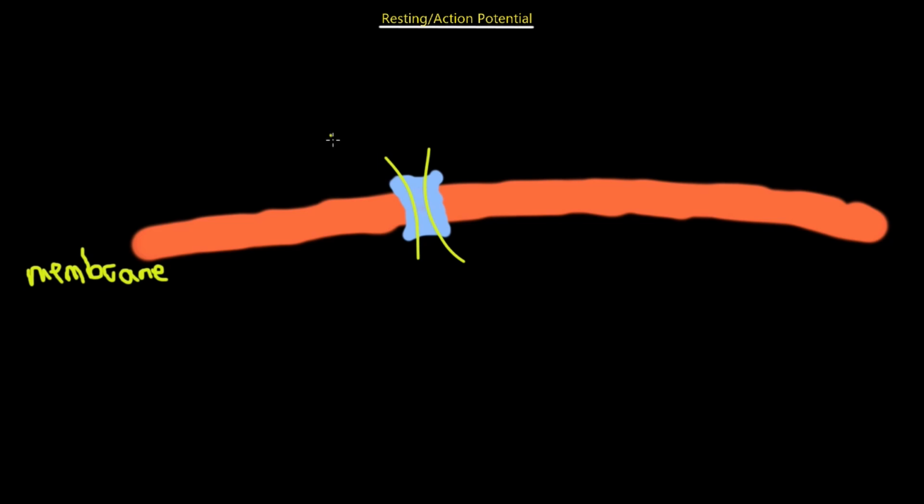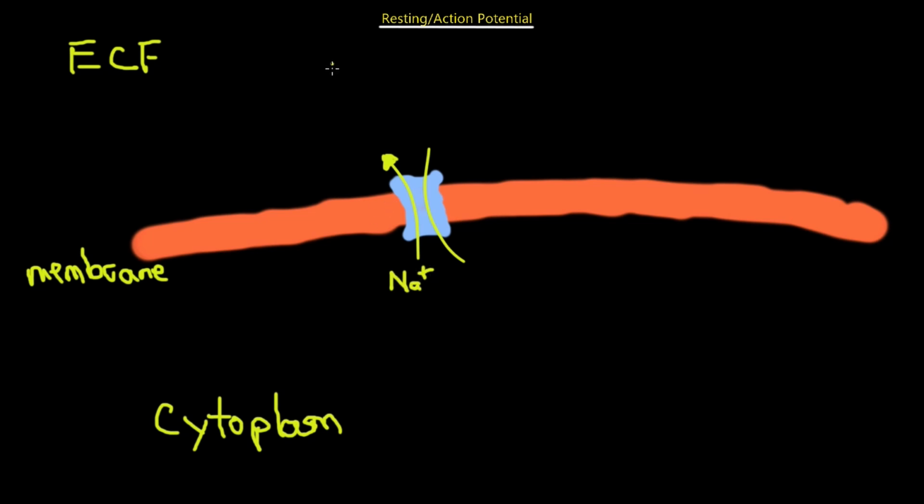So what we will have is the sodium will be pumped out of the cell. If we label this as the extracellular fluid and this as the cytoplasm, which would mean that this is the inside of the cell, the sodium Na+ will be pumped out of the cell into the extracellular fluid, and the potassium from outside the cell is going to be brought into the cell.